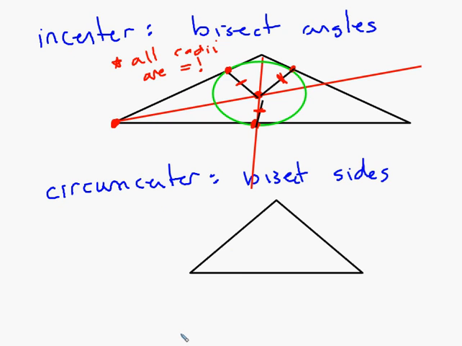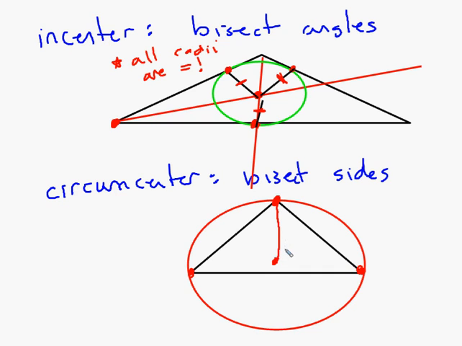Okay, now, I'm gonna talk about some properties of this circumscribed circle. So we found our circumcenter. Now, this point, each of these vertices. Okay? Now, if this is the center, what is this that I just drew? A radius.